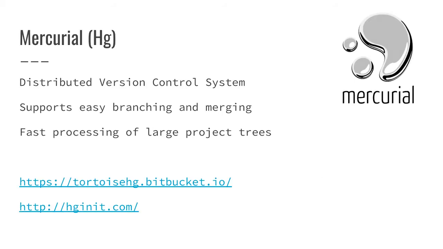So Mercurial is what we'll be using. It's a distributed version control system, and that means that there's no centralized repository that is the one true source code that everybody is working with.